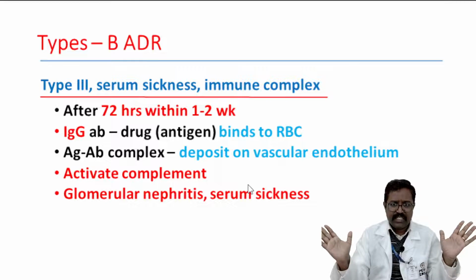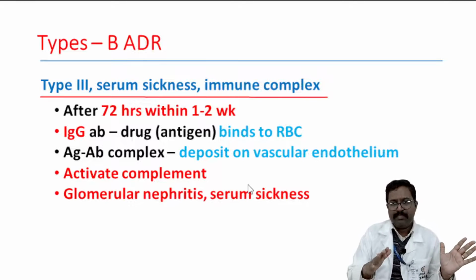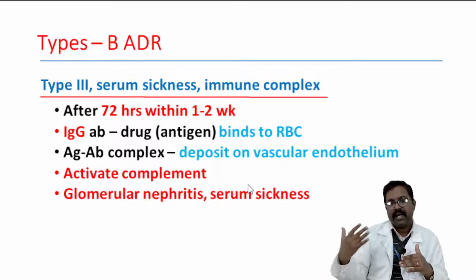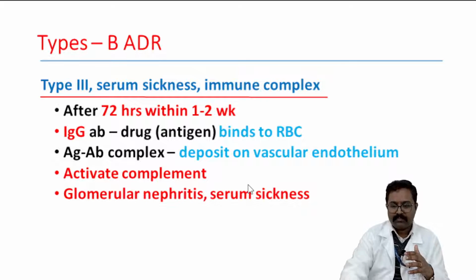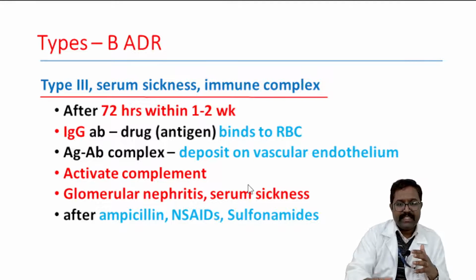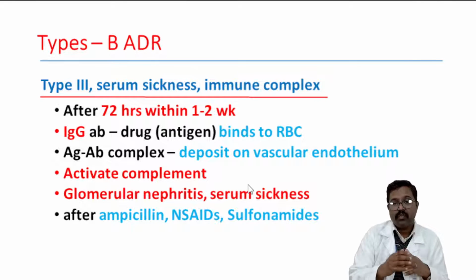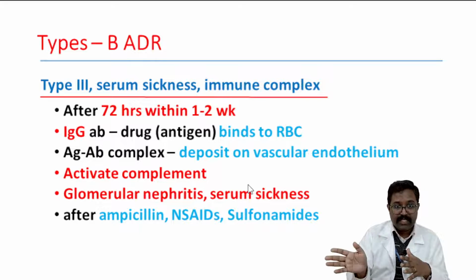The differentiation here is the duration. Type 2 reaction occurs within 72 hours, type 3 reaction occurs after 72 hours. This occurs following the administration of ampicillins, non-steroidal anti-inflammatory agents, as well as sulfonamides.